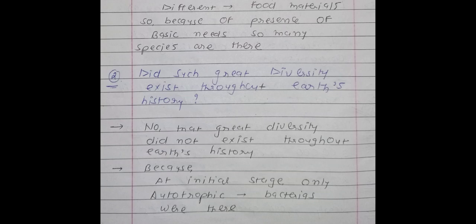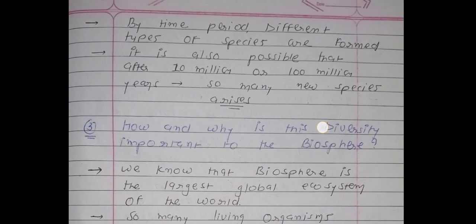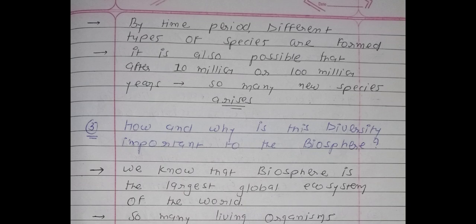Only cyanobacteria were there on Earth, but with time different types of organisms appeared. Over time different types of species are formed, and it is also possible that after 10 million or 100 million years so many new species will be formed.